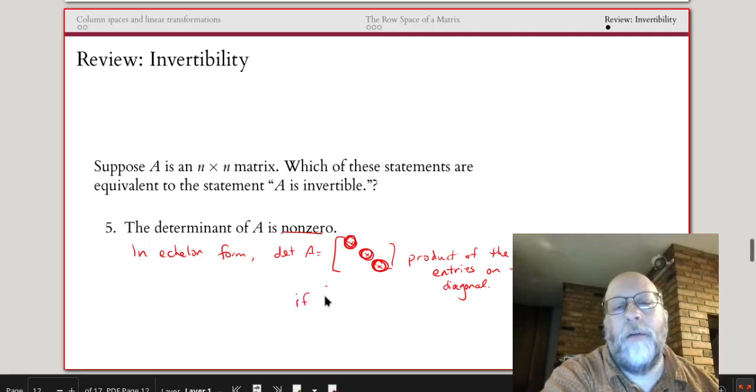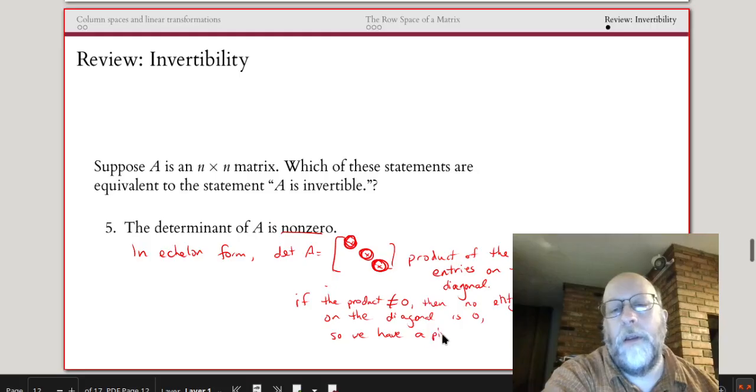If the product does not equal zero, then no entry on the diagonal is zero, and so we have a pivot in every row and column.